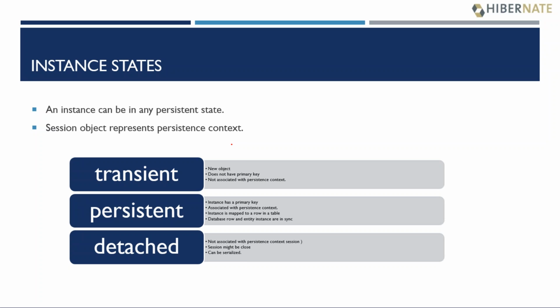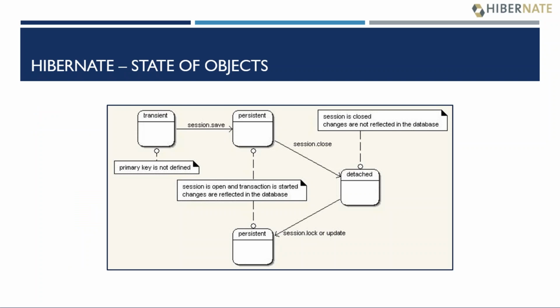And in the instance states, you have got transient, persistent, and the detached. So transient is the first one. You have just created it. And when you are calling session.save, when you're trying to save it, then it moves to the persistent state. When it is in the transient state, it is not associated with the session and it does not have the primary key for it.